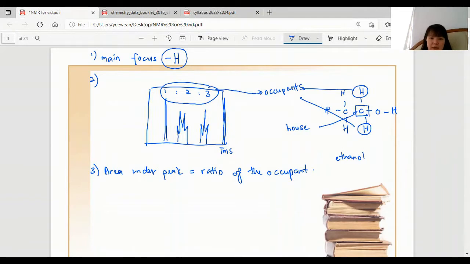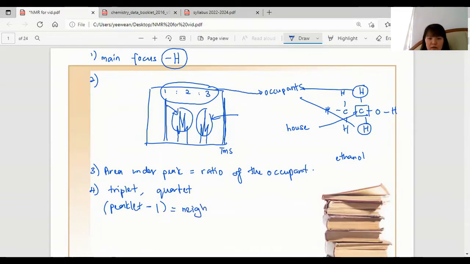Next, the peaks. If you count the peaks there, I have a triplet here and a quartet here, so that's 4, right? I call those peaklets, the smaller peaks there. The peaklets, if you take the peaks minus 1, represent who their neighbors are.